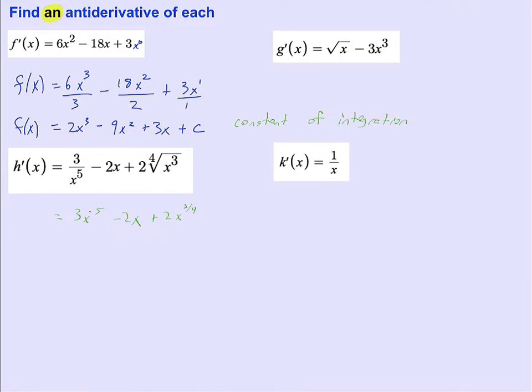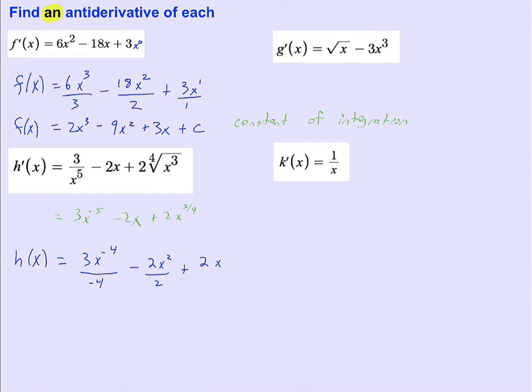So if that's our new way of writing h prime of x, h of x would be 3 times x to the negative 4th, because we're increasing by 1, but when you take negative 5 and increase it by 1, you get negative 4, dividing by that new negative 4, minus 2x squared divided by the new exponent, plus 2x.